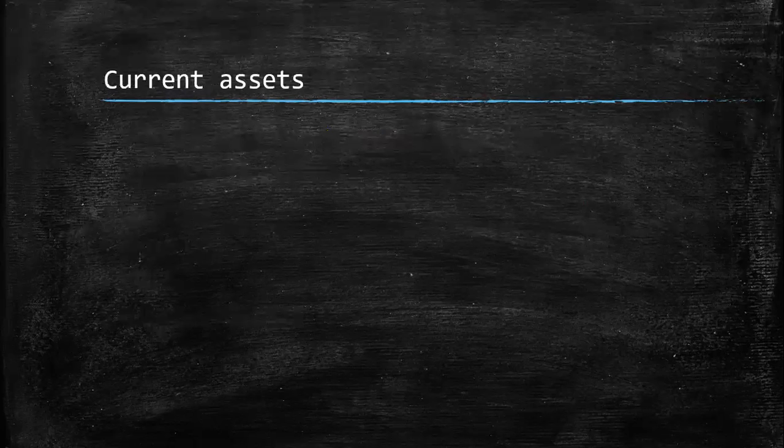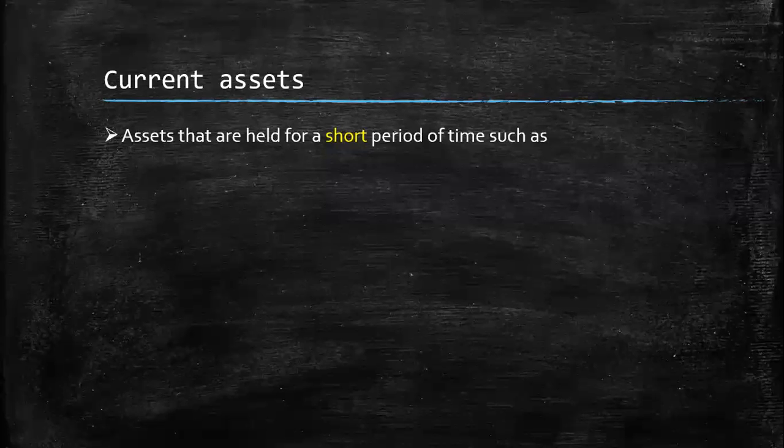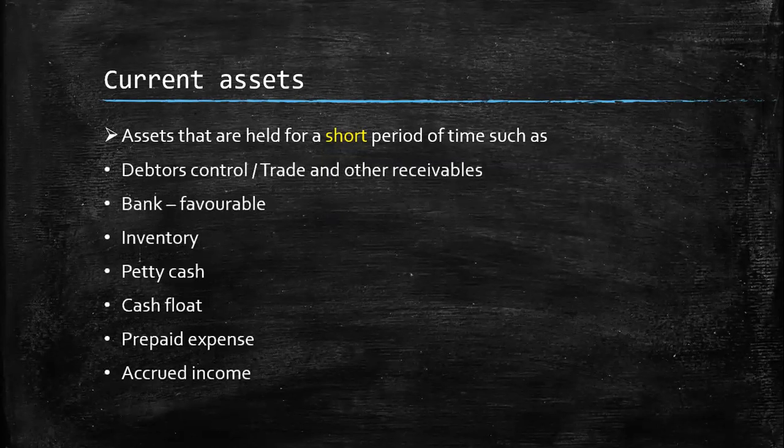What about current assets? Assets that are owned or are held for a short period of time, such as your debtors control, people that owe the business, the money in your bank, the inventory, petty cash, the cash flows, the expenses that are paid for future use, the income that is outstanding, accrued income.